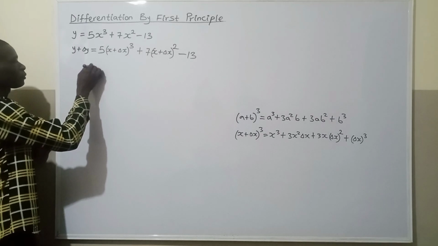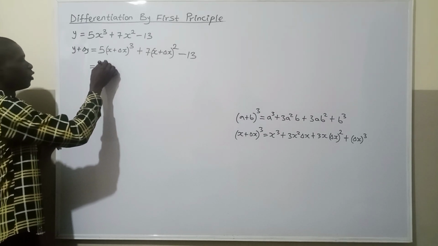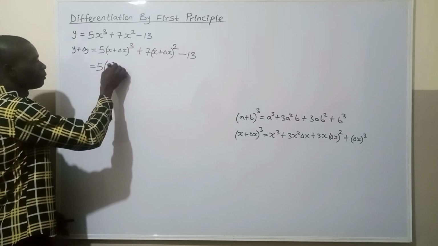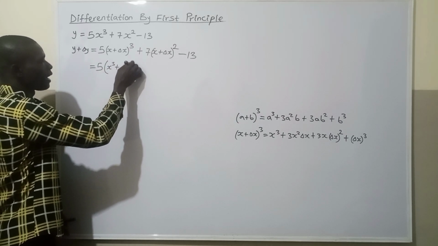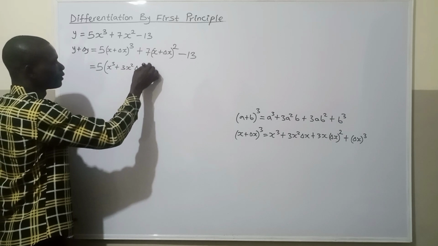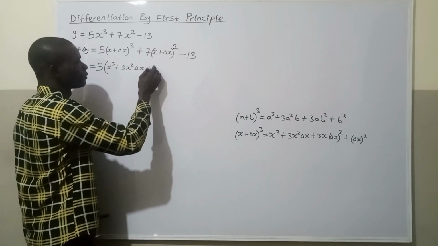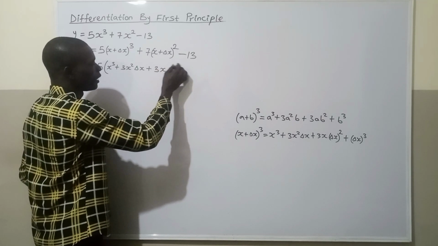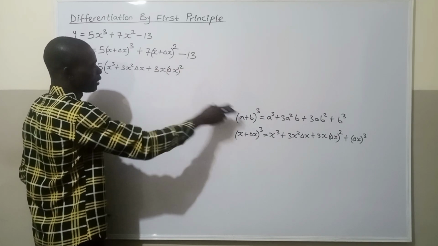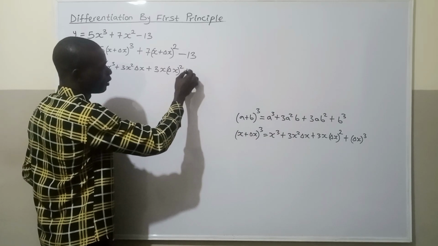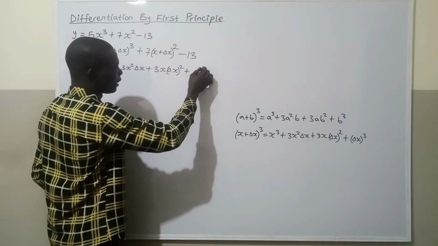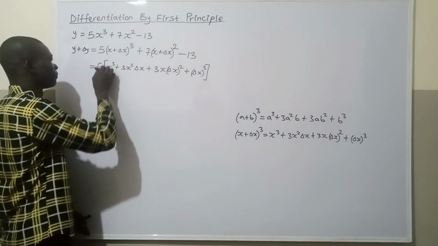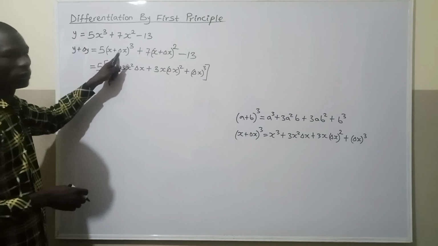So that becomes 5 open bracket x cubed plus 3x squared delta x plus 3x delta x squared, as we have it there, and then plus delta x cubed. So this is the expansion that we have for this first one.